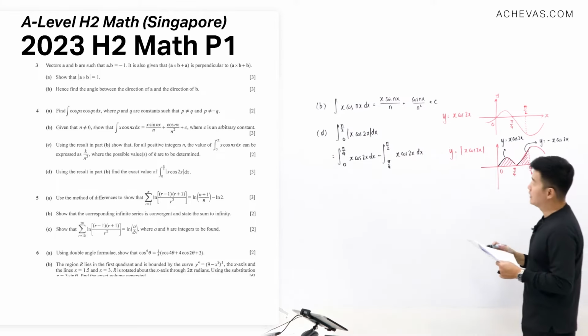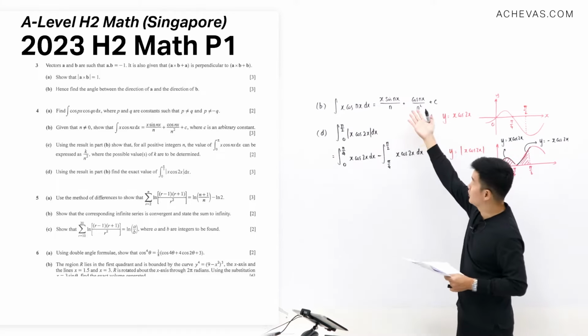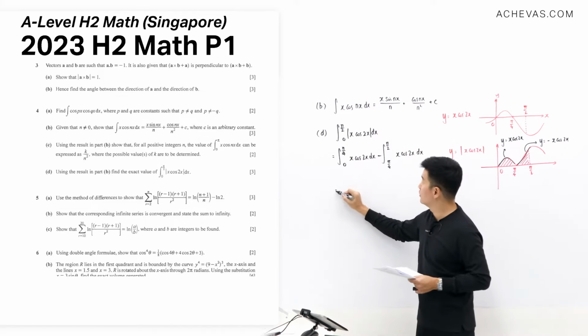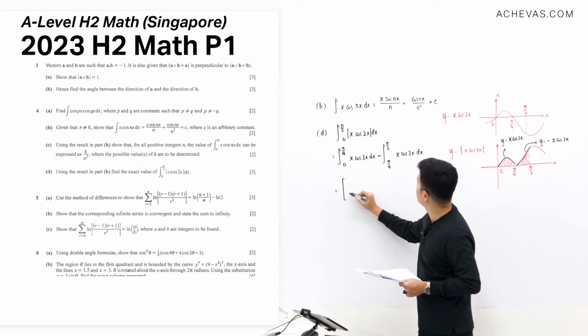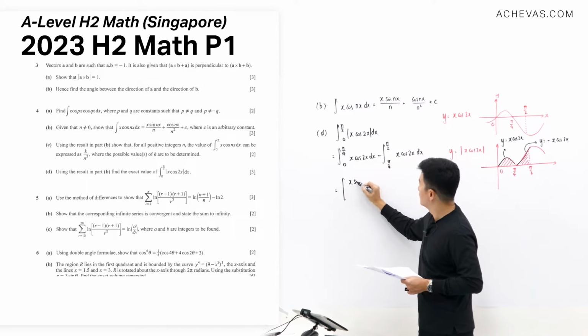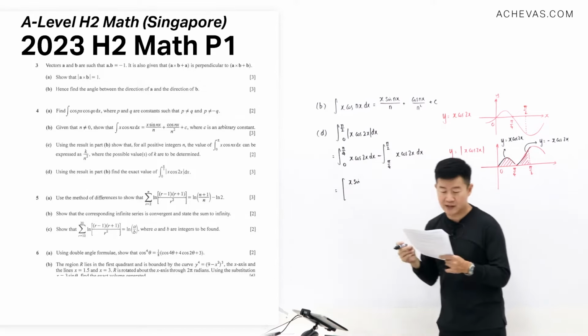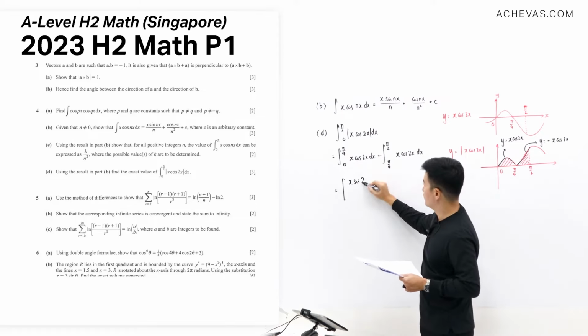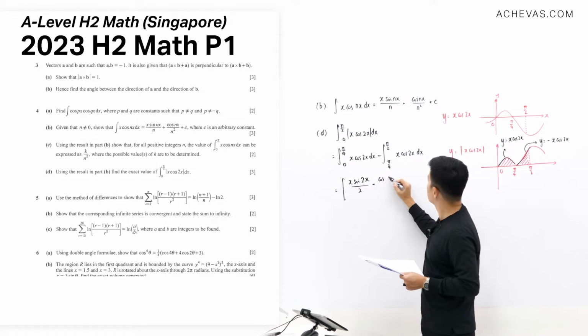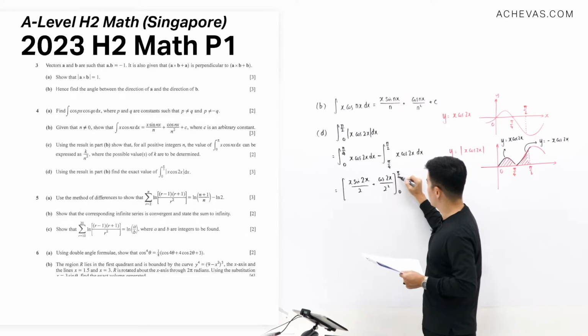In order for us to integrate this, we are once again going to make use of the previous result. It is going to be equal to x sine, in this case n is going to become 2, right? So I'll replace this n by 2. We have 2x over 2 plus cosine 2x over 2 squared, from 0 to pi over 4.